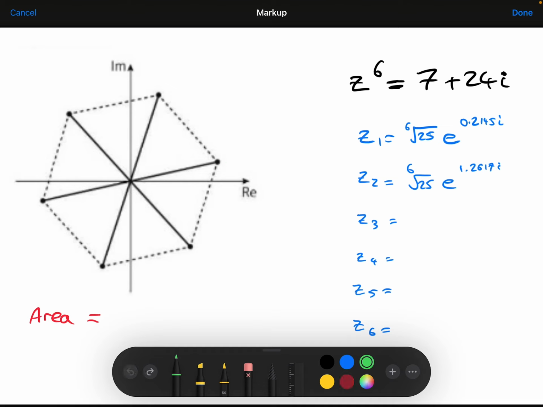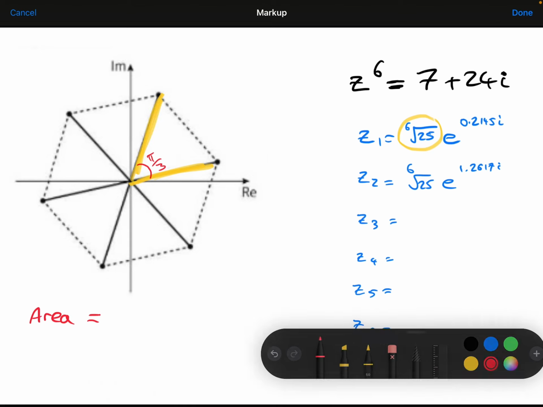Alternatively, I do know that the angle here is going to be 2 pi over 6, because the whole angle there is 2 pi, and there are 6 different angles here. So this angle is 2 pi over 6, or pi over 3 if you prefer. I know this is the modulus of one of the roots, and that's going to be the same here.